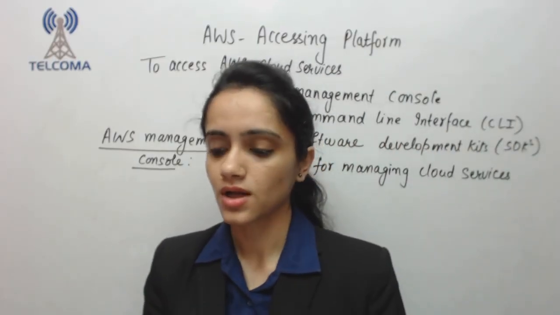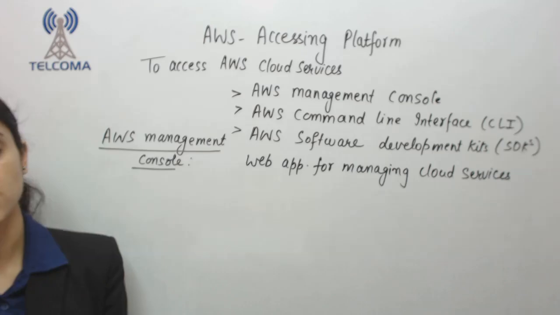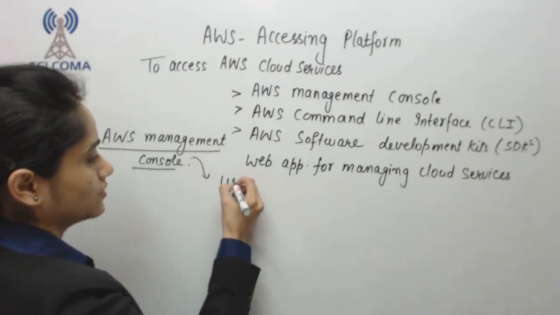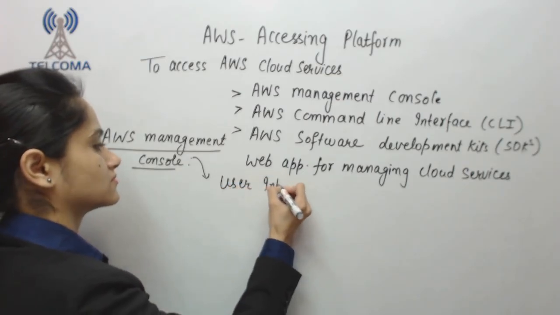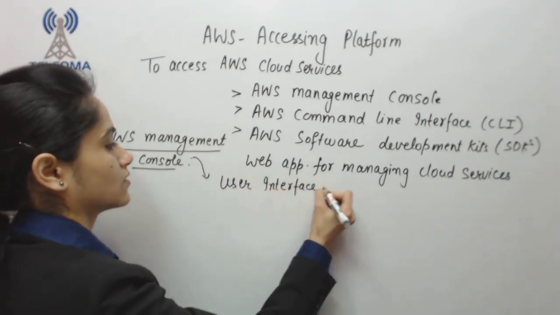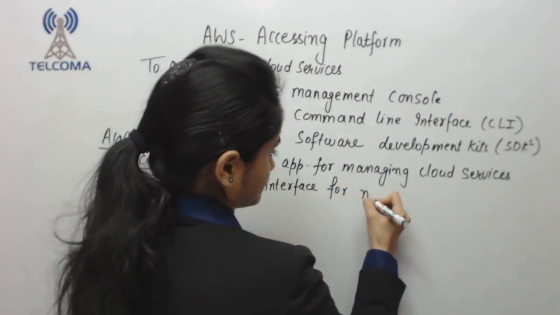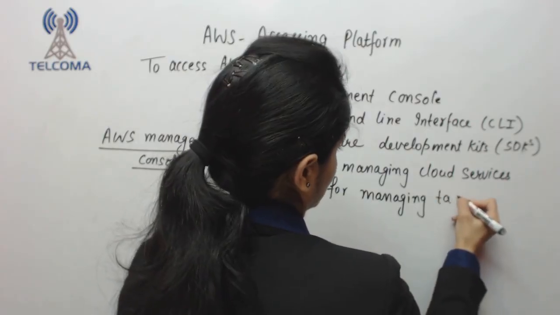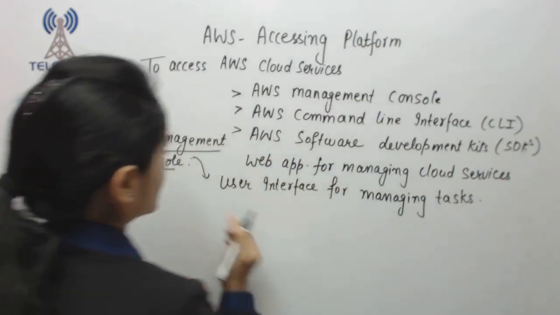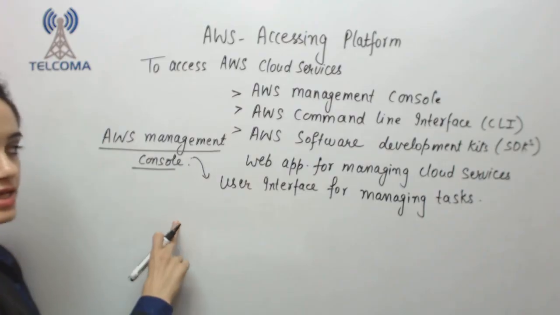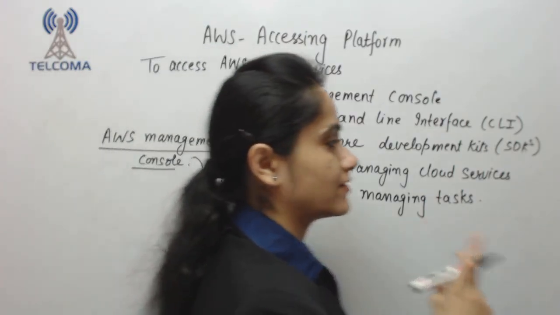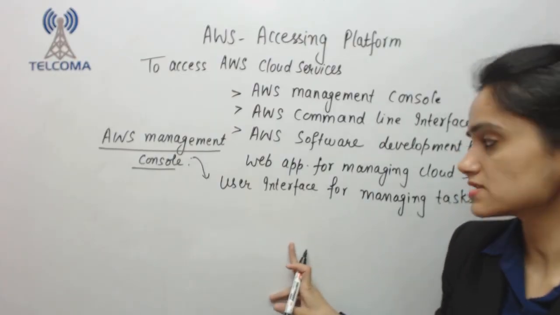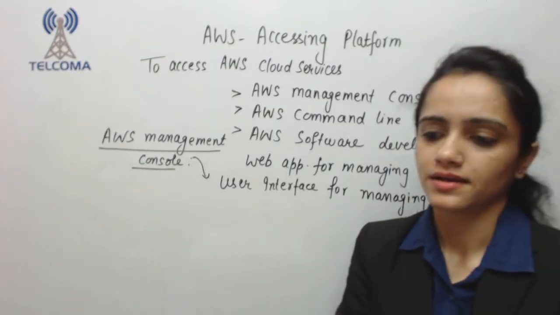That means the console provides a user interface for performing many tasks. It is a web application so that we can manage various cloud services, and it provides a UI for managing various tasks.